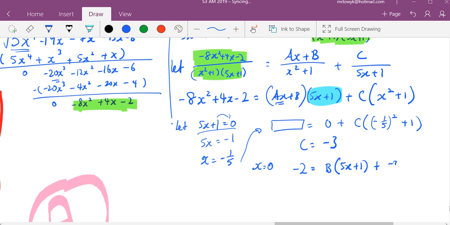Nigel, what's your question? Oh, this one will be 0. This one will be 0. So it's just B. Right? Just B. What? For C? You are wrong. You have to put the negative 1 over 5 here, no? Then you square it, it becomes positive. Can you press this and show me?